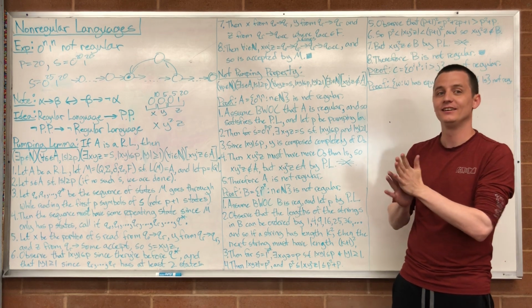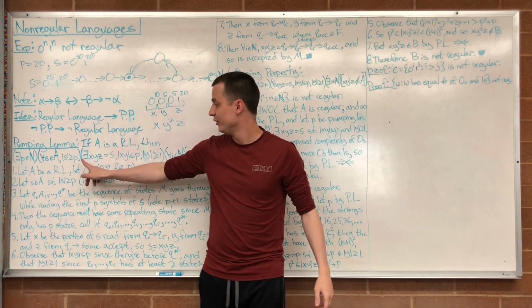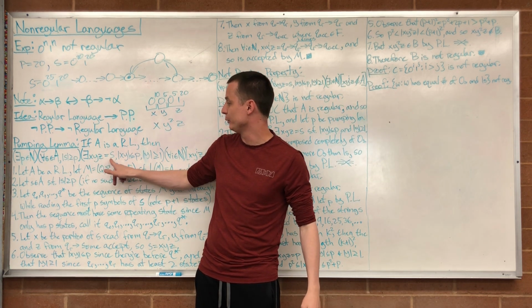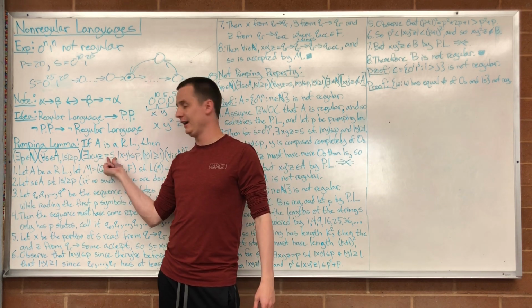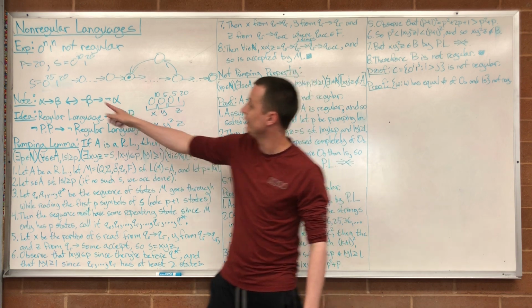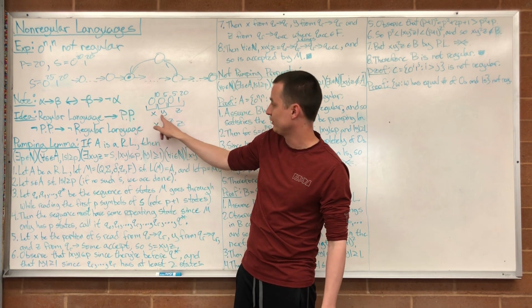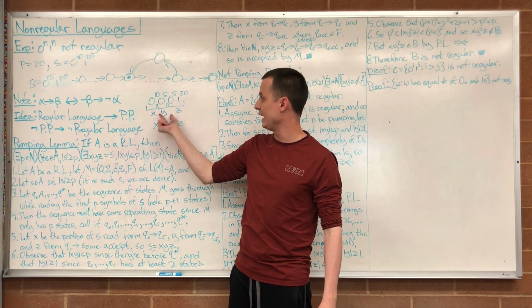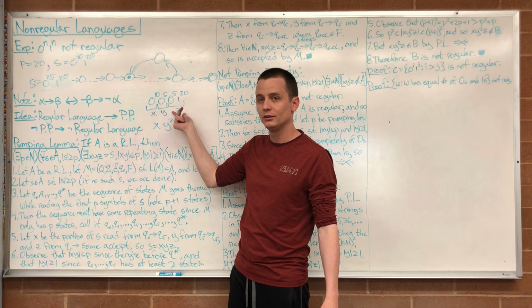Is the equal sign supposed to be "such that"? No. There exist X, Y, and Z equal to S. So X, Y, and Z is just rewriting S, equal to the string. So S here was 0 to the 21, 1 to the 20. I rewrote it as X, Y, and Z: 0 to the 5, 0 to the 10, 0 to the 5, 1 to the 20.